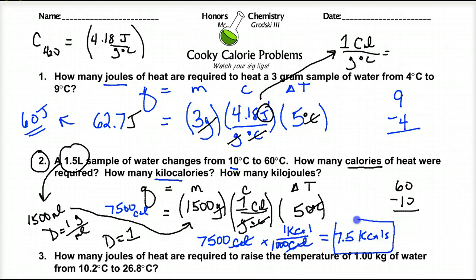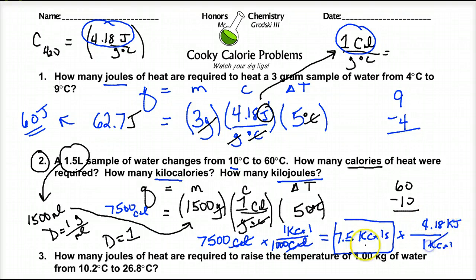Okay, now, how many kilojoules? Well, if you notice, a calorie and a joule differ by 4.18. So for every 1 kcal, there's 4.18 kilojoules. So I'm multiplying by 4.18.